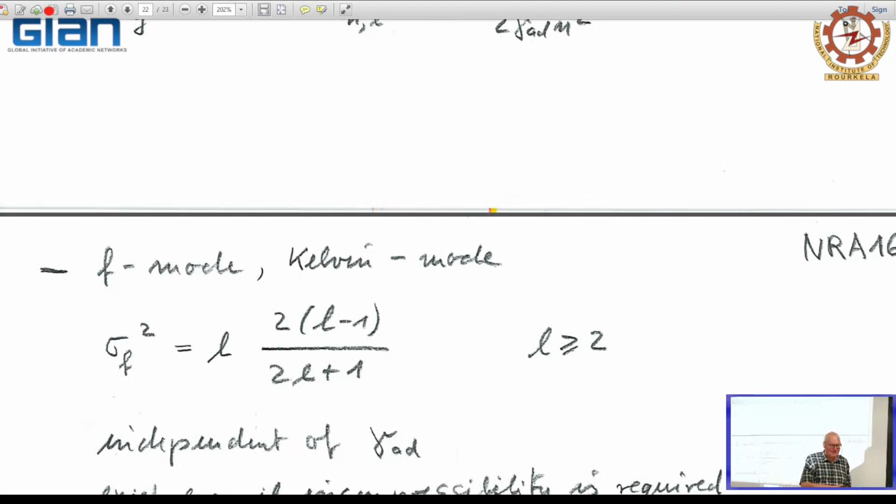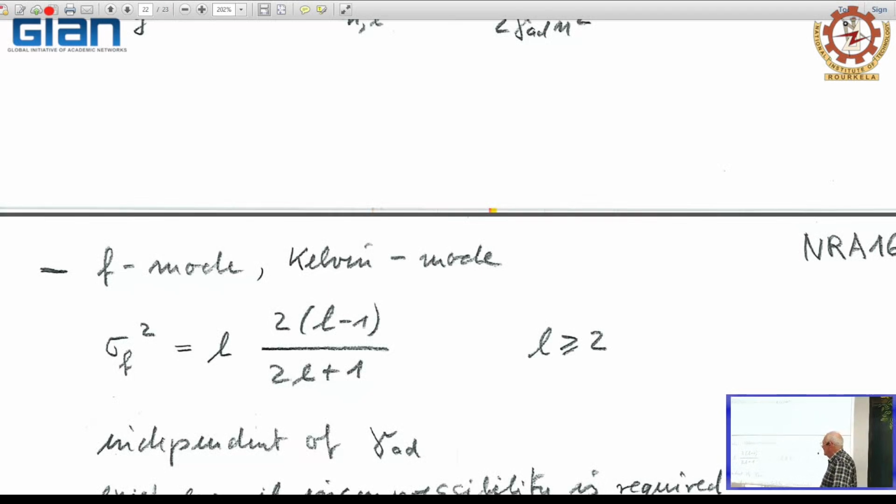Of course, there is no index n left because this is not a sequence of modes. This is just one mode, which depends on the harmonic degree and which does not depend on the adiabatic index. So it's independent of gamma adiabatic.